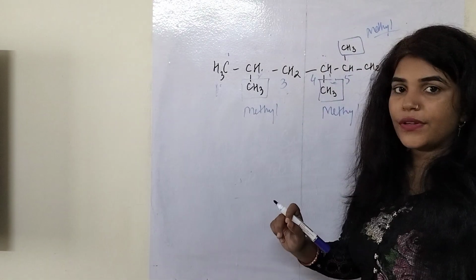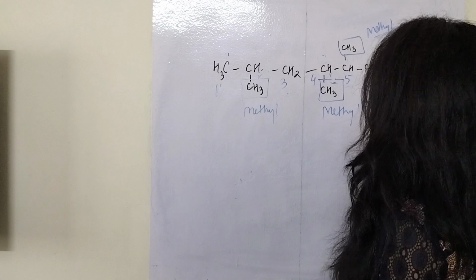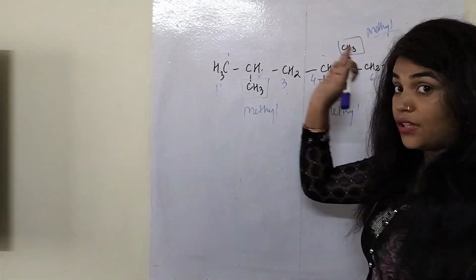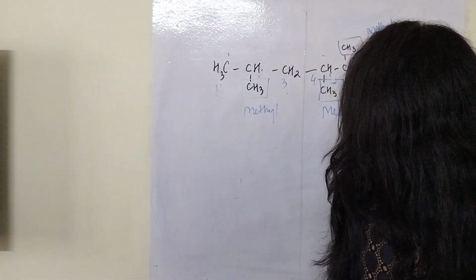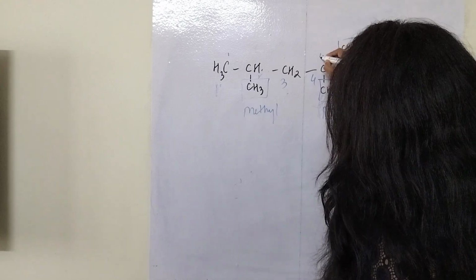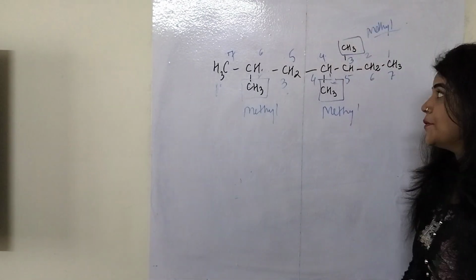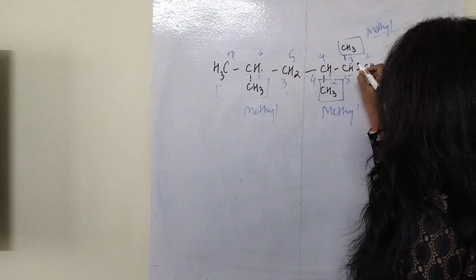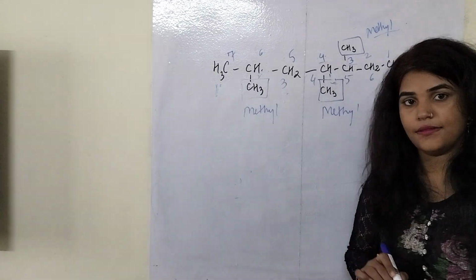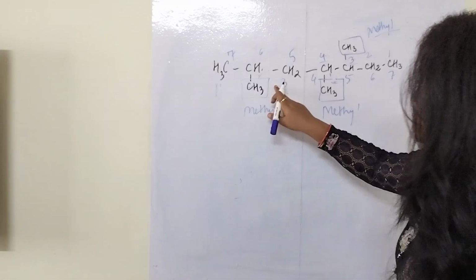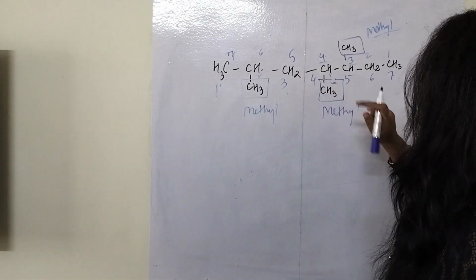So what numbers are the substituents getting? 2, 4, 5. If I give the number from the right hand side, then it will be 1, 2, 3, 4, 6, 7. What numbers are the substituents getting? 3, 4 and 6. Okay, from here 2, 4 and 5.